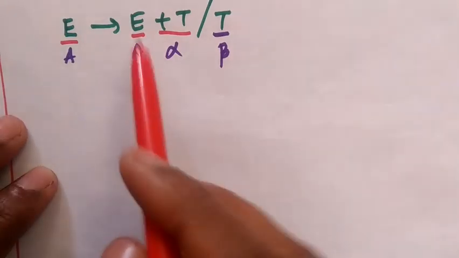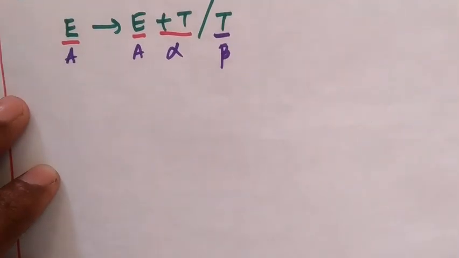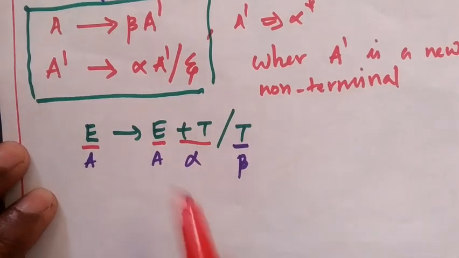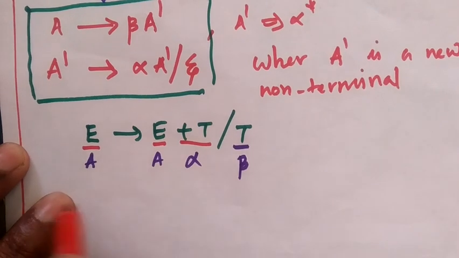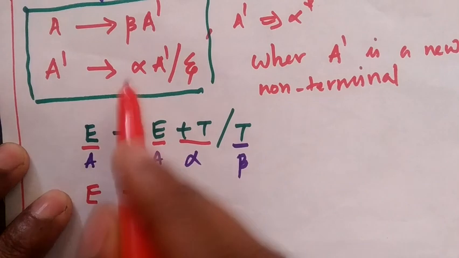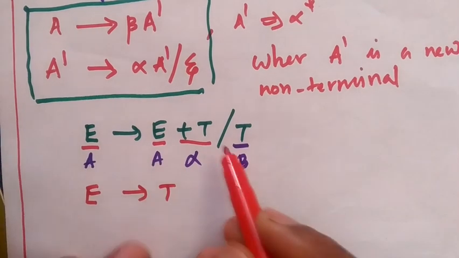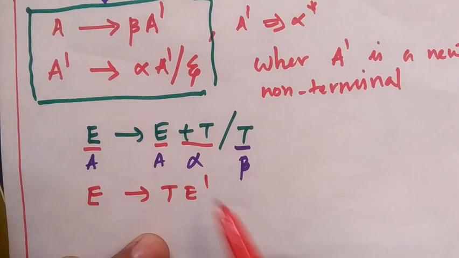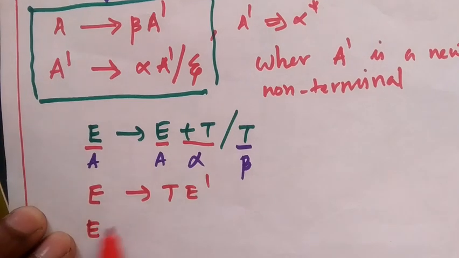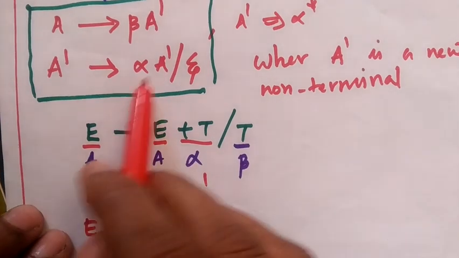Then this production you can replace by using the above production, like E gives T E dash, and E dash gives alpha E dash.